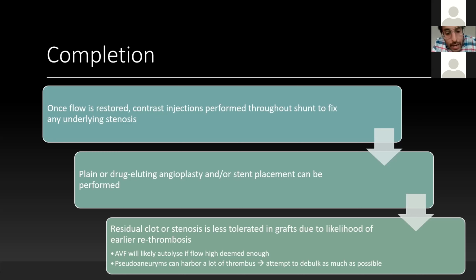With that said, pseudoaneurysms in fistulas can harbor a lot of thrombus, so I really do try my best to debulk them as much as possible. But getting patent flow in a fistula is really the objective endpoint.